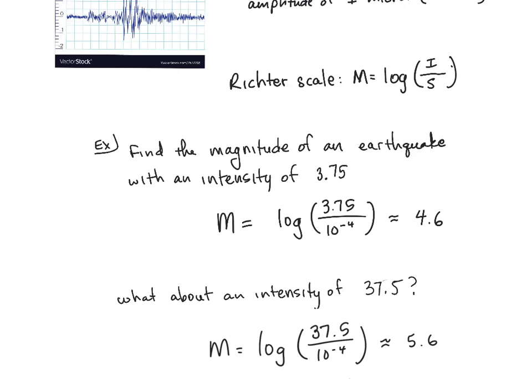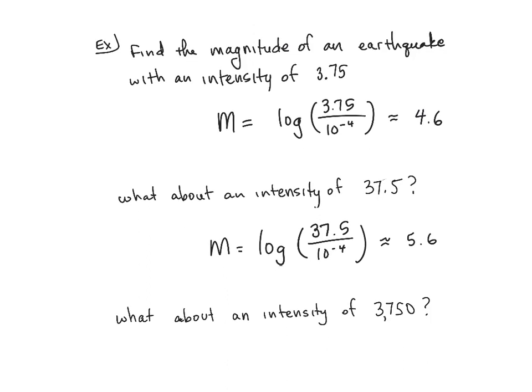So then what would we say about an intensity of 3,750? So compared to this one here, 3.75, 3,750 is 1,000 times as intense. So make a prediction based on this pattern: compared from this one to this one, which was 10 times as intense, it increased by 1 unit magnitude.